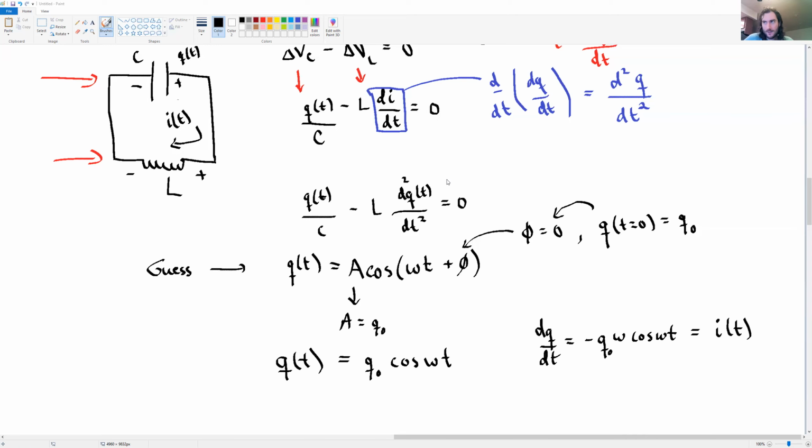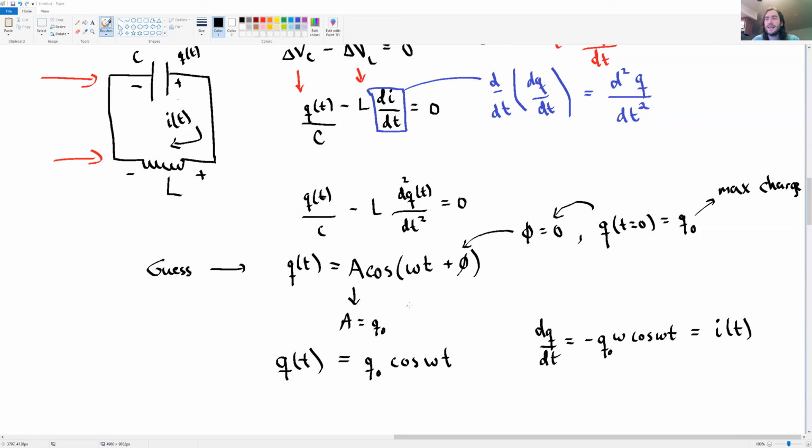It depends on your initial condition. If we're going to say that the capacitor starts with an amount of charge Q0, and that is the maximum amount of charge, then it has to be cosine, right?